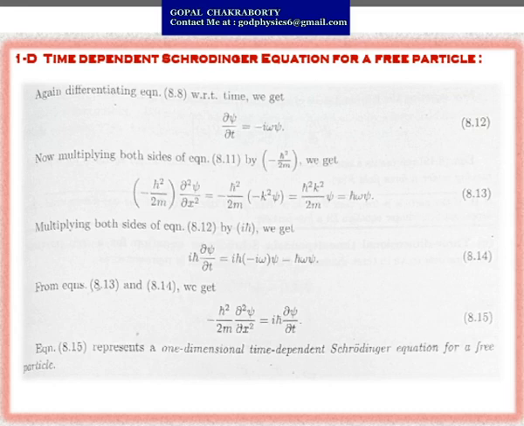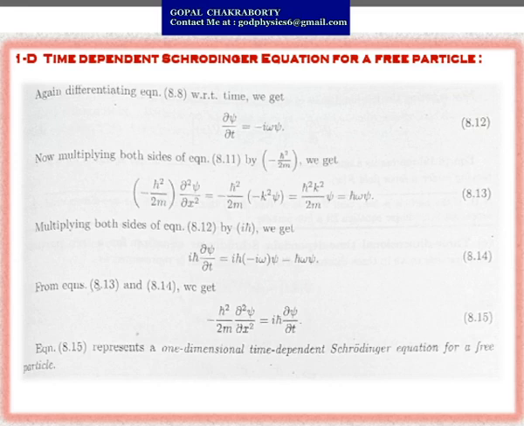As we know, you can represent equation 8.13 as E psi, where E is the kinetic energy. Now multiplying both sides of equation 8.12, the time derivative of wave function psi, by i h cut, you get i h cut del psi del t equals i h cut within brackets minus i omega psi. That equals again h cut omega psi, that means E psi.